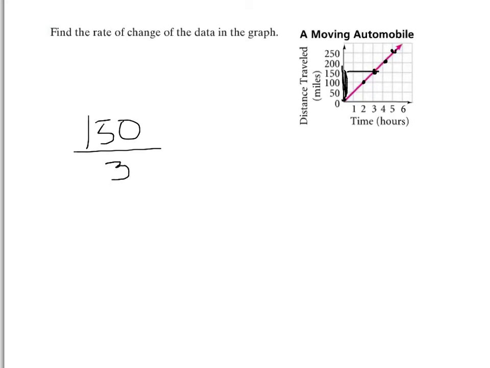So the rise over the run. In this case, 150 divided by 3 gives me a slope of 50. And when I want to put that in terms of the situation, the rise is dealing with miles. The run is dealing with hours. So this becomes 50 miles per hour.